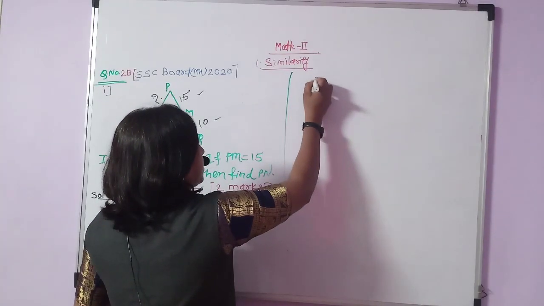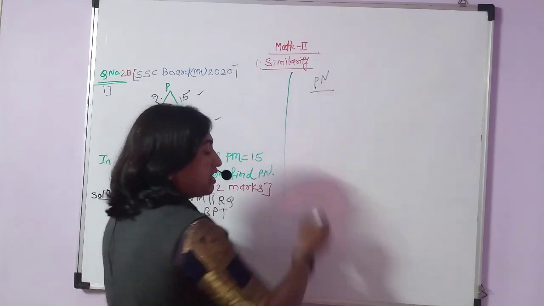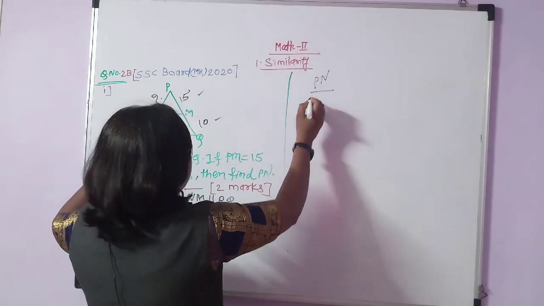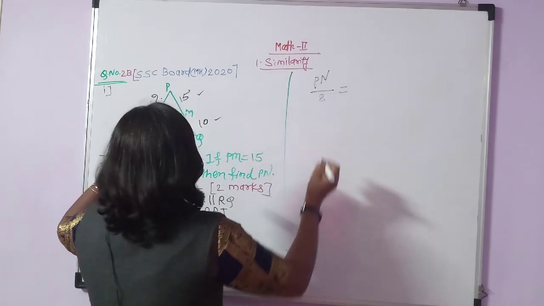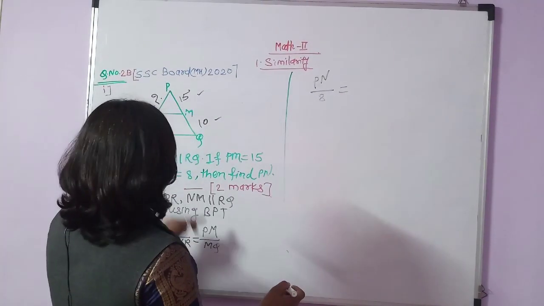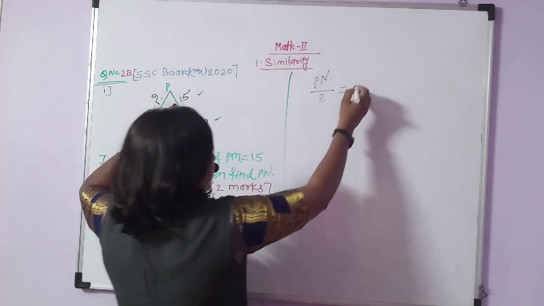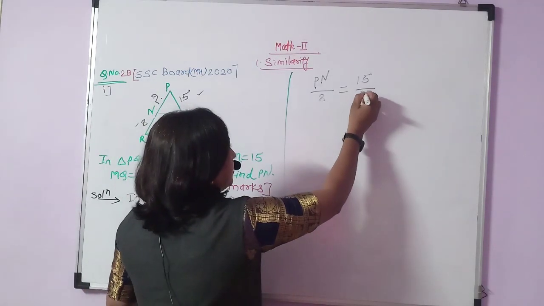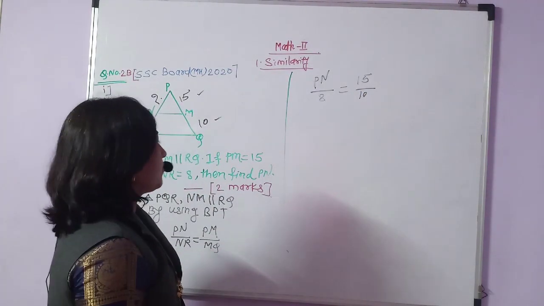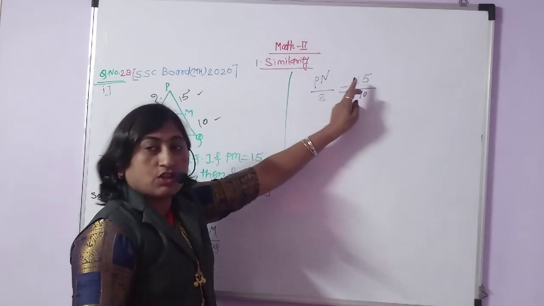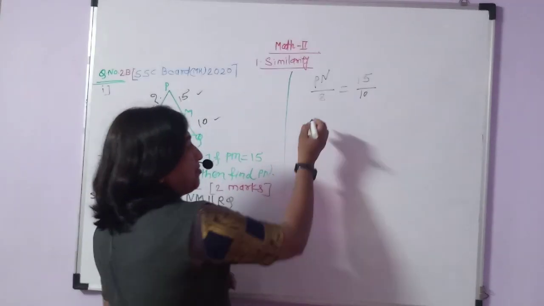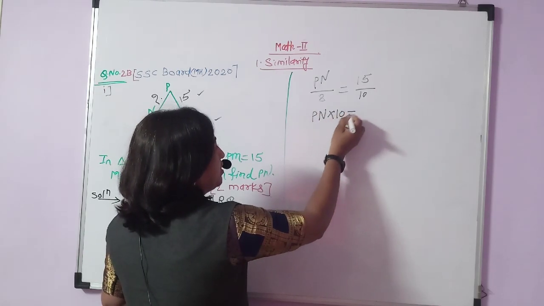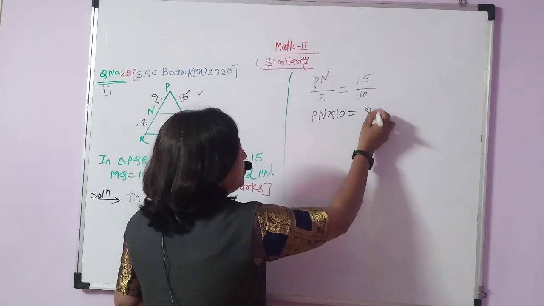PN remains as it is because we find the value of PN. NR equal to 8, which is equal to PM upon MQ, with PM equal to 15 and MQ equal to 10. Take the cross multiplication, we get PN into 10 which is equal to 8 into 15.